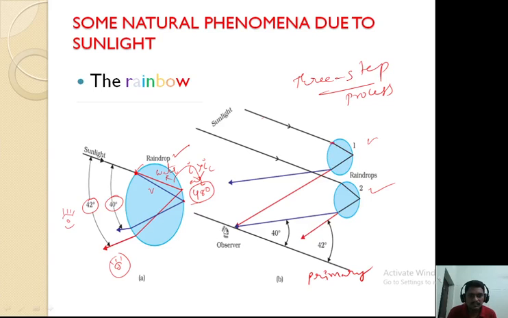Only here the splitting is not represented, the final splitting is represented here. So after the second refraction, we get dispersion of light.